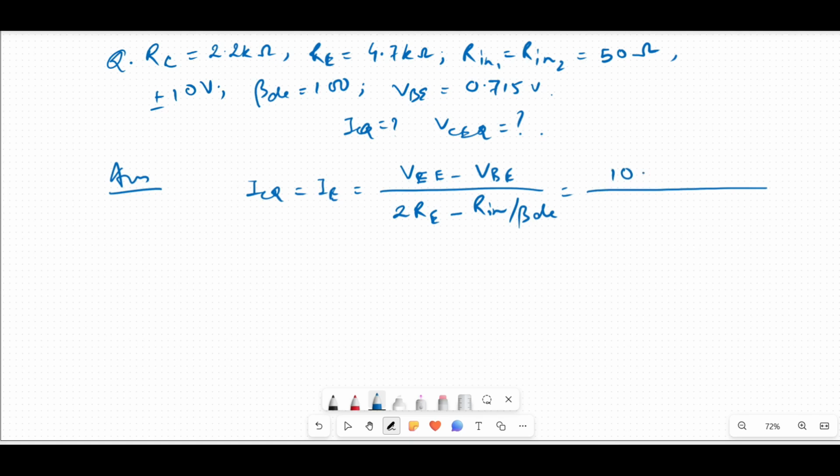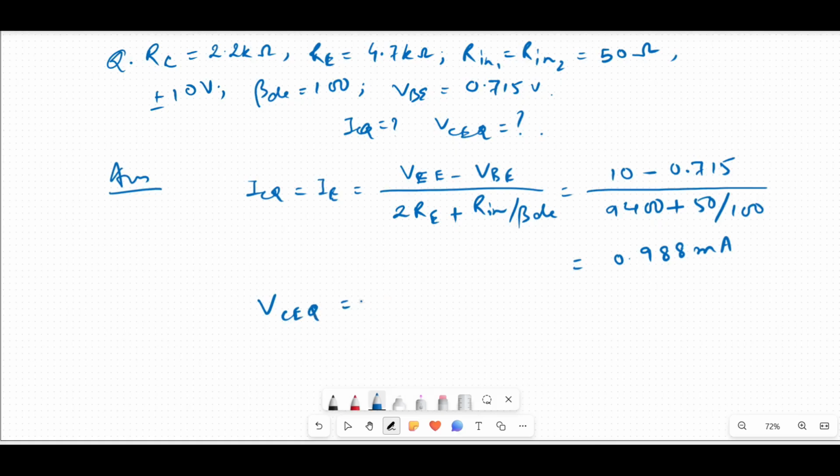So this value is 10 minus 0.715, then 2 times RE, which will be 9400, then plus 50 divided by 100. This is plus, sorry for the mistake. Then this value will come out to be 0.988 milliampere.